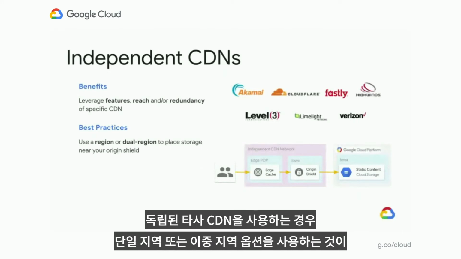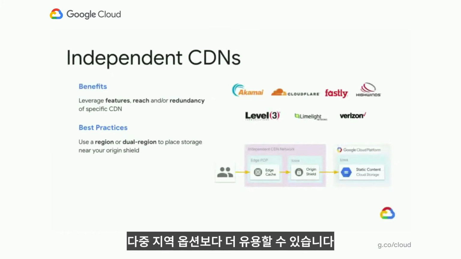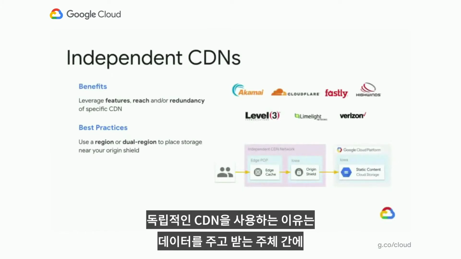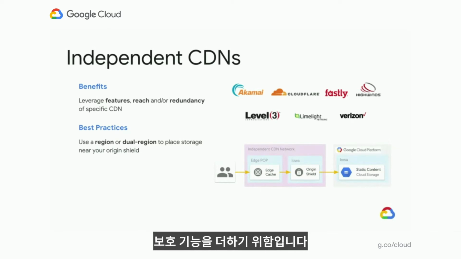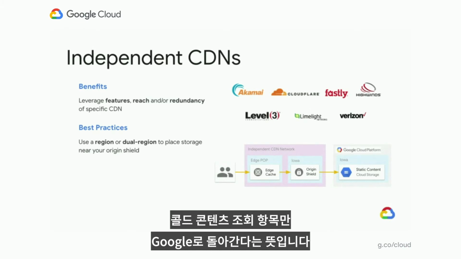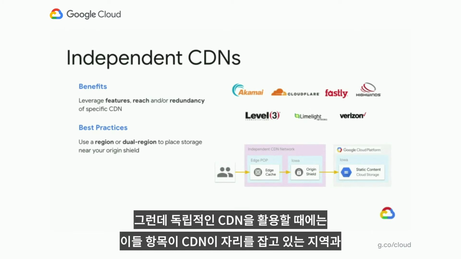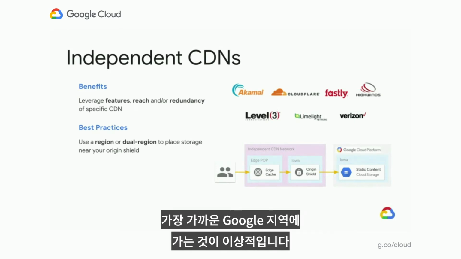If you're using an independent third-party CDN, this is again an example where using a region or a dual region makes more sense than a multi-region. And this is because the whole purpose of using an independent CDN is to have an origin shield between the two. That means that only cold content hits will end up going back to Google. But you want those to be hitting the Google region that is in close proximity to where the independent CDN has their setup.